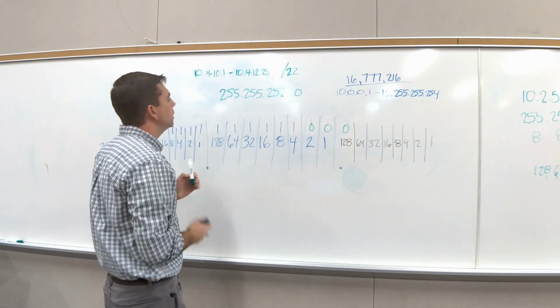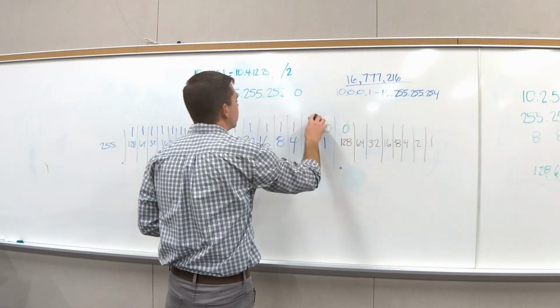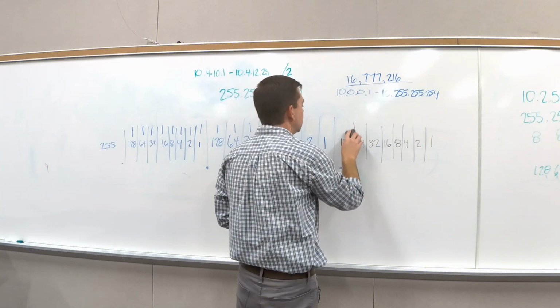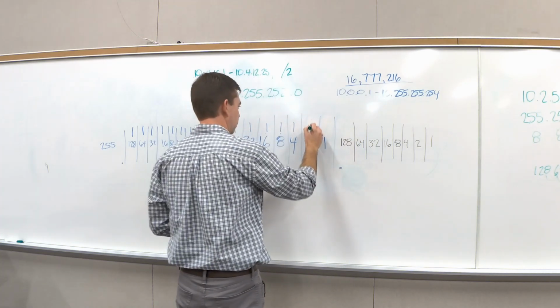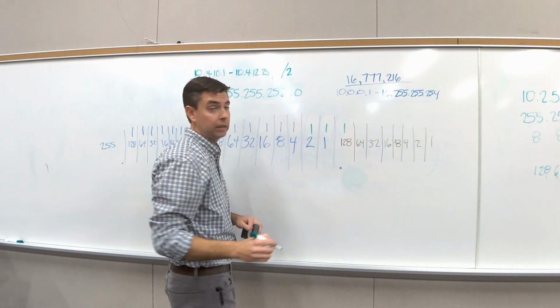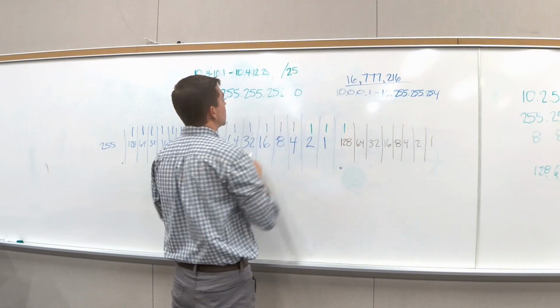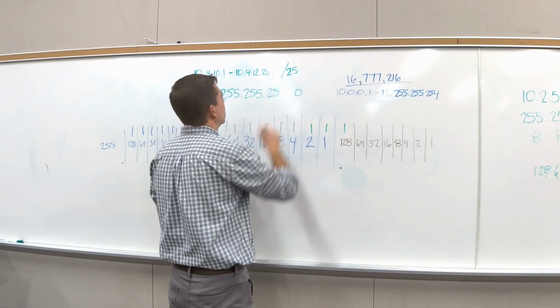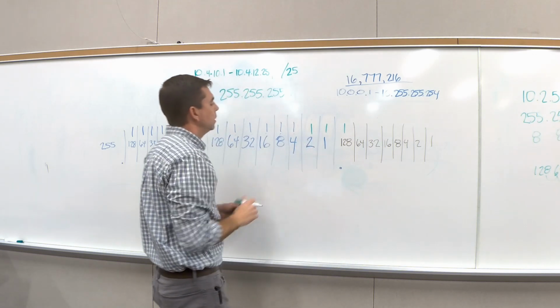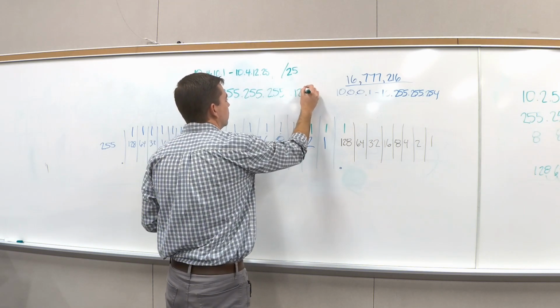All right, so now let's jump over to this. Got this, 24-bit, 25-bit range. We've just gotten super crazy. Boom. All right, what does it make this? 128.